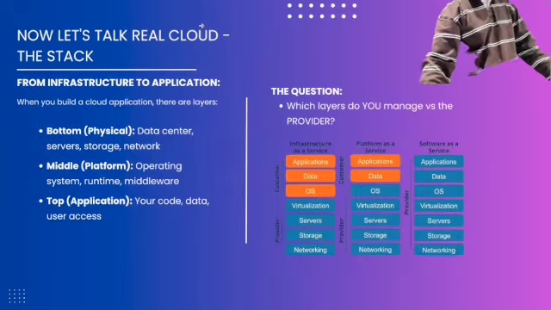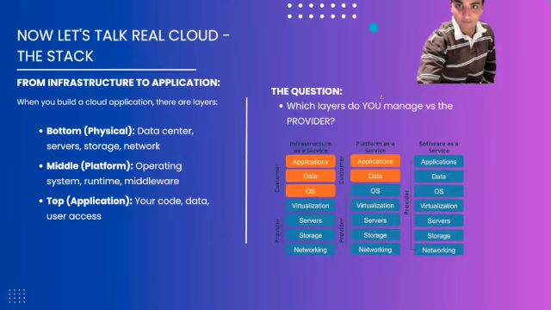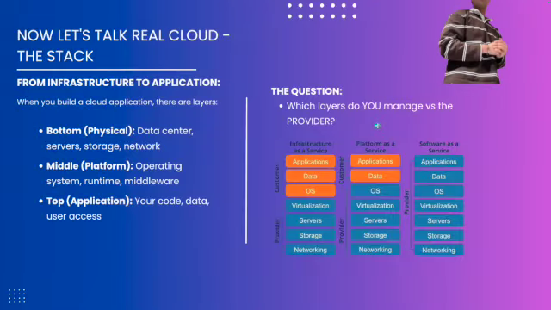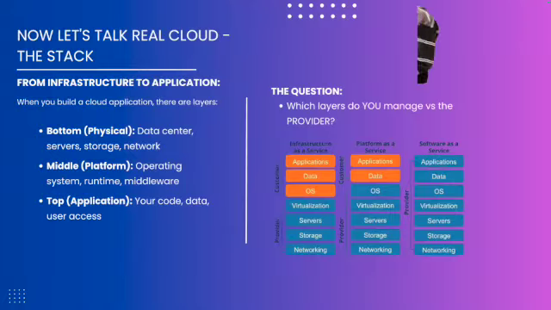All right. Now let's talk about the real cloud, the stack. Essentially, this is what you're actually looking at. Whenever you get an exam question, this should be something that comes to your head. If you have infrastructure as a service, you are managing the application, the data, the operating systems.